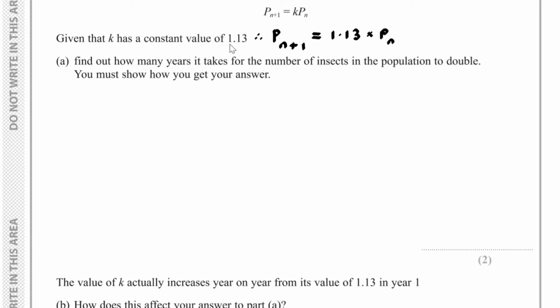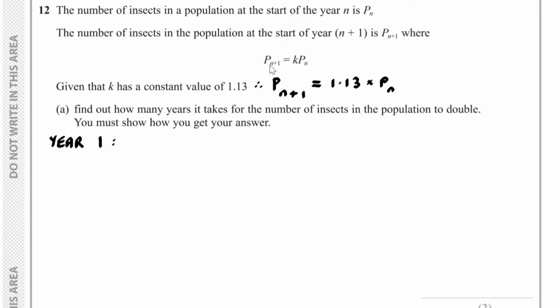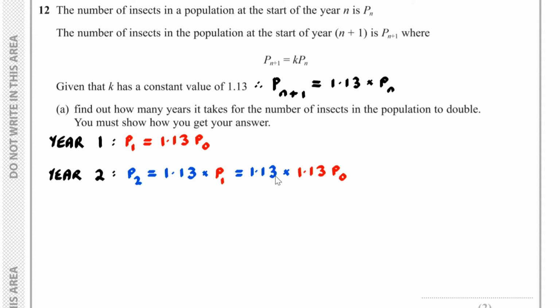Well, if we know that k is 1.13, we can say then Pn plus 1 is equal to 1.13 times Pn. Now in year 1, in other words when n is 0, P1 is equal to 1.13 times P0. Can't do much with that. In year 2, P2 is equal to 1.13 times P1, and we already know what P1 is, so we've got 1.13 times 1.13 P0.